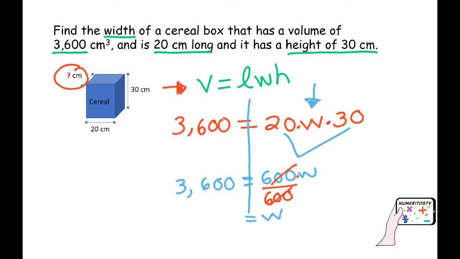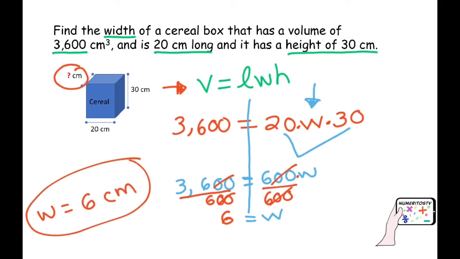But to balance the equation, whatever you do to one side, don't forget to also do it to the other side. So I also have to divide 3,600 by 600. So, in this case, my answer is 6 centimeters. The width is going to be equal to 6 centimeters.